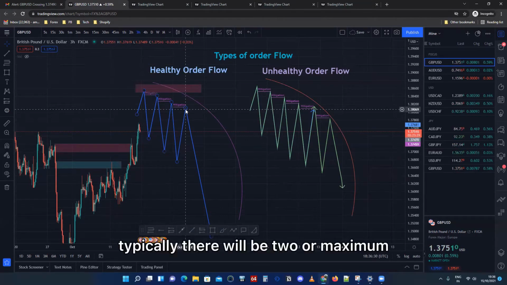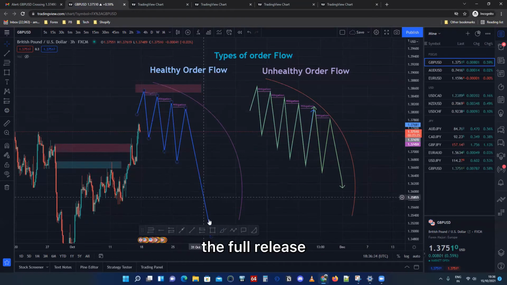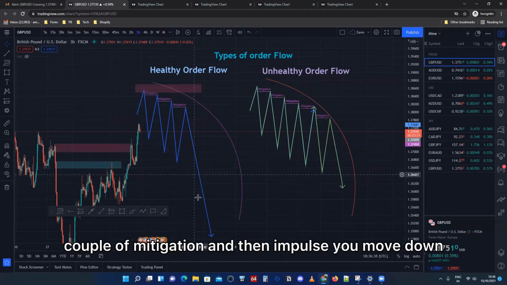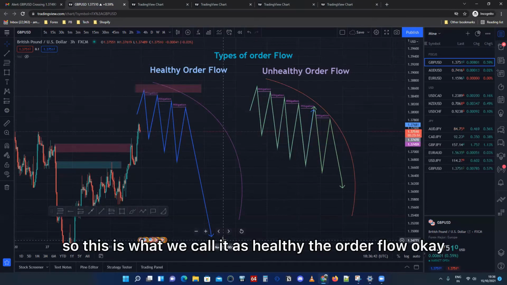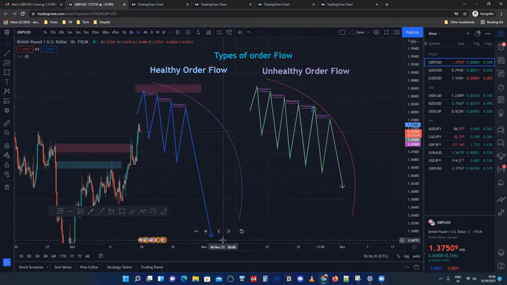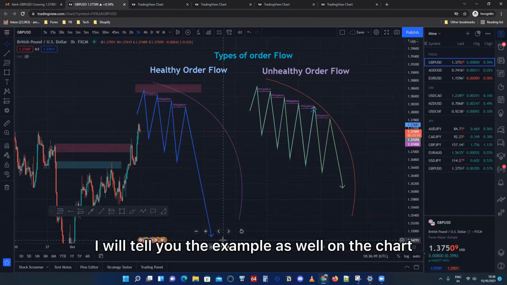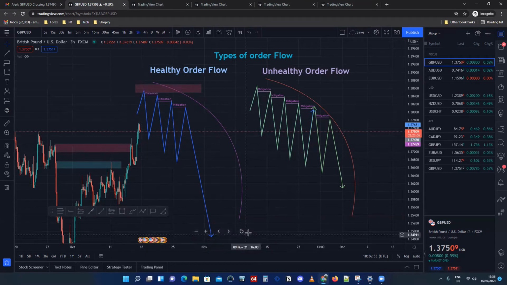Typically there will be two or a maximum of three mitigations before the full release, then an impulsive move down. So this is what we call healthy order flow. I will show you examples on the chart, but this is how it looks.